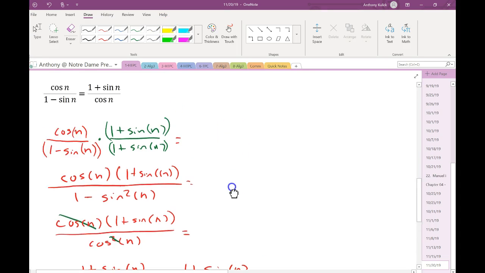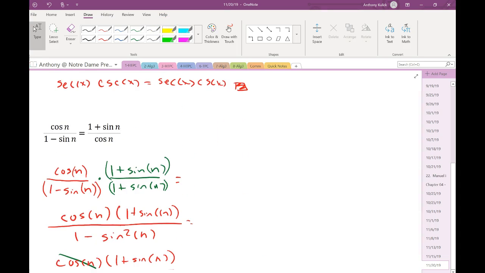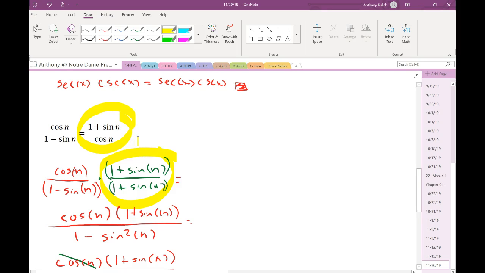If we go back and look at the beginning here, the other way to think about this is, if I know that this is my goal, that's my end, that's what I know it needs to look like. How can I get a sine x plus 1 in the numerator? Well, the only way to get that is to do something like that, right?